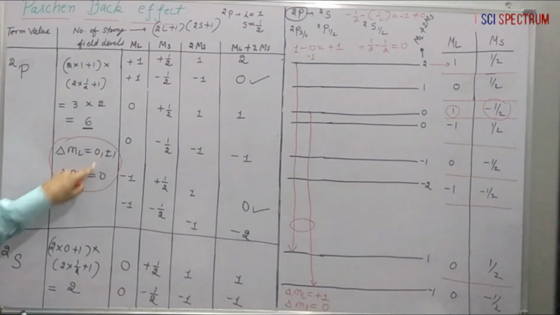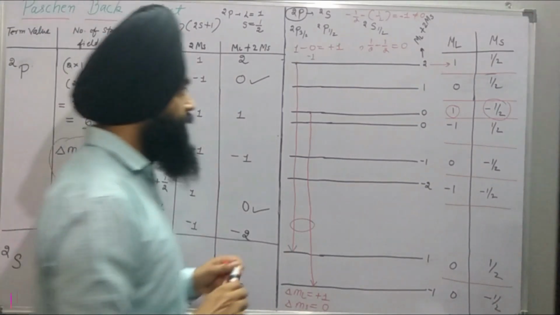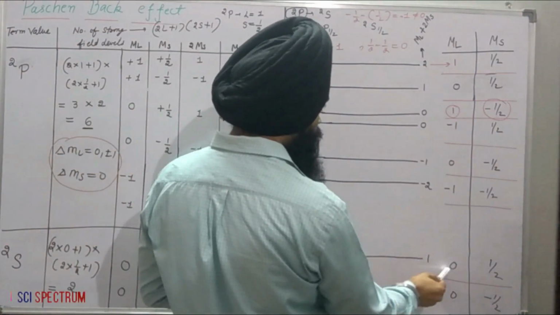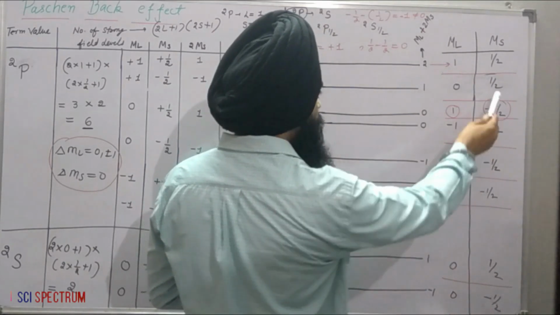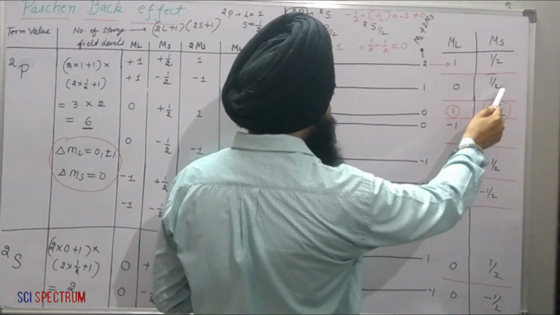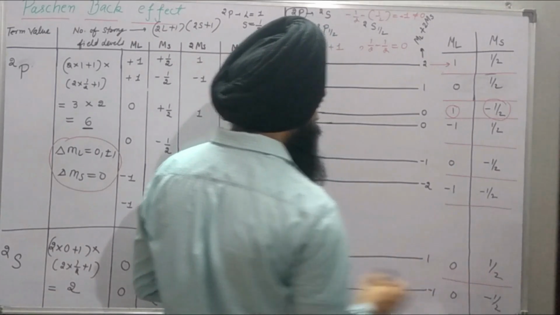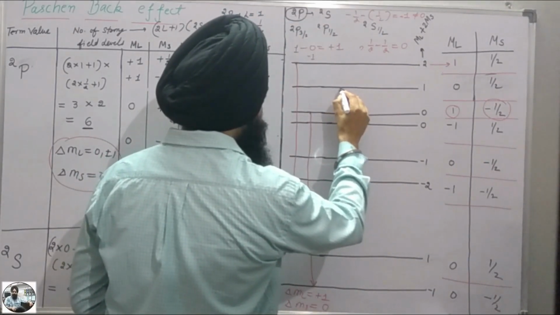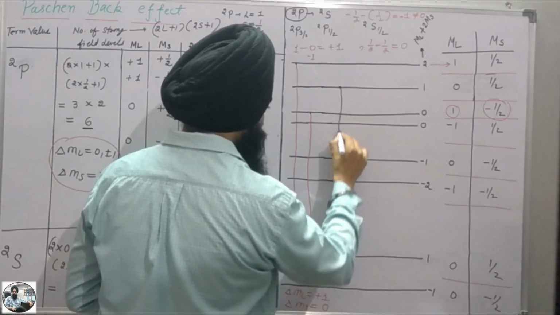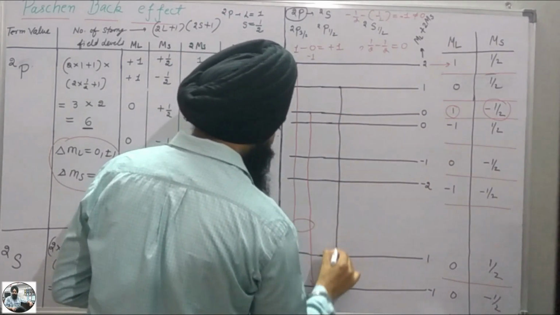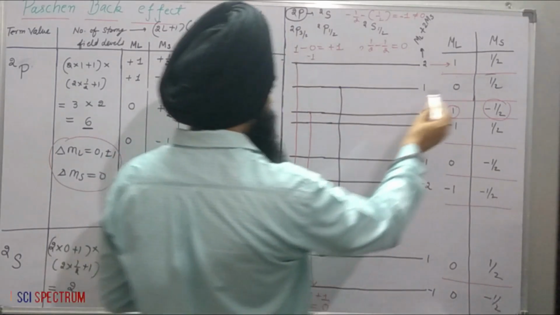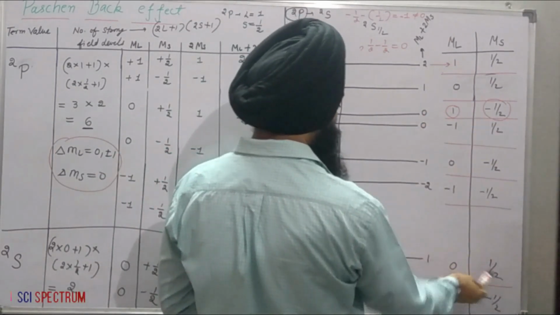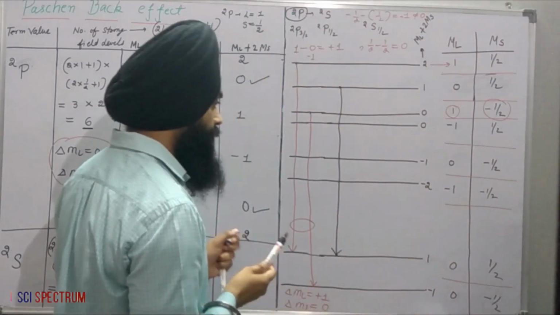Delta ml is equal to 0 and delta ms is equal to 0. For 0 to 0 transition we have 0 to 0 and simultaneously delta ms value also becomes 0. From half to half we have 0. So if I make the transition like this, ml is 0 to 0, ms is half to half, both the rules are satisfied here.